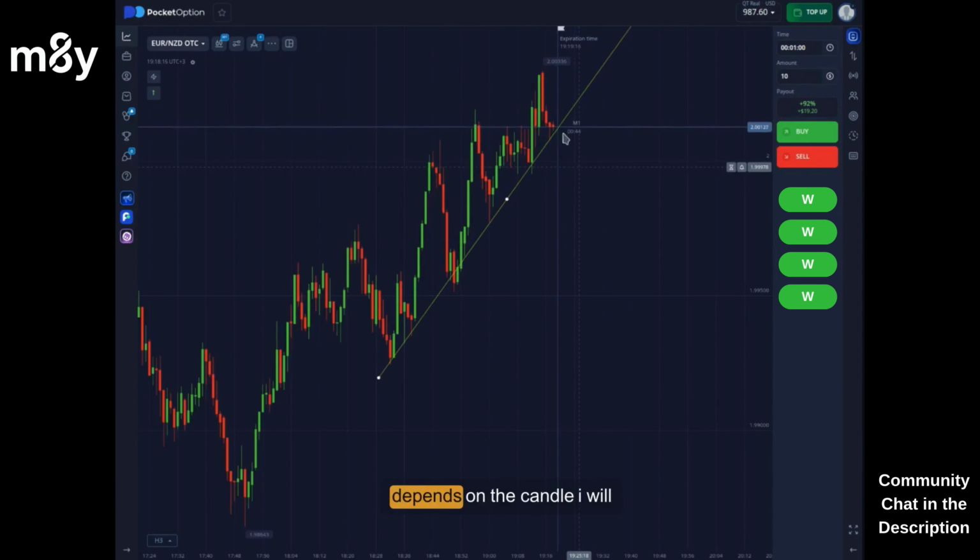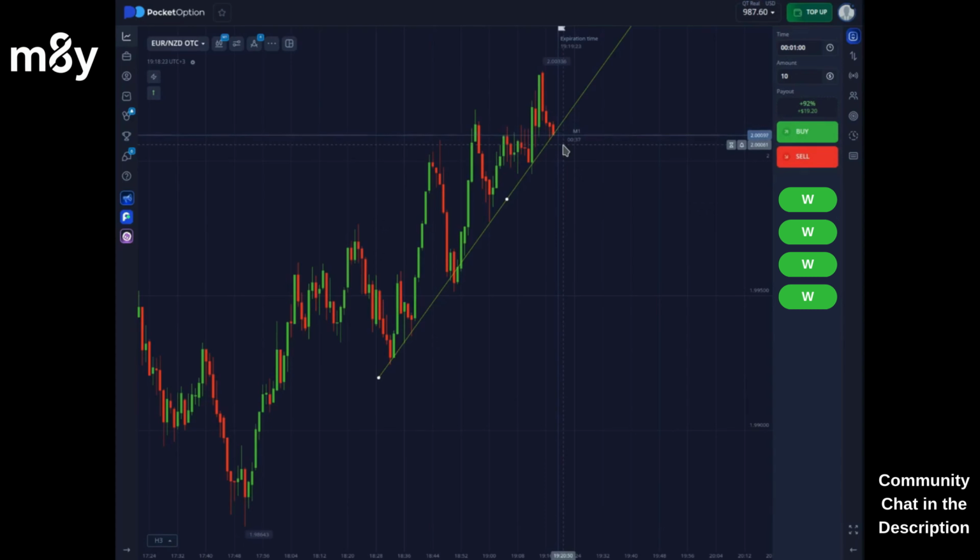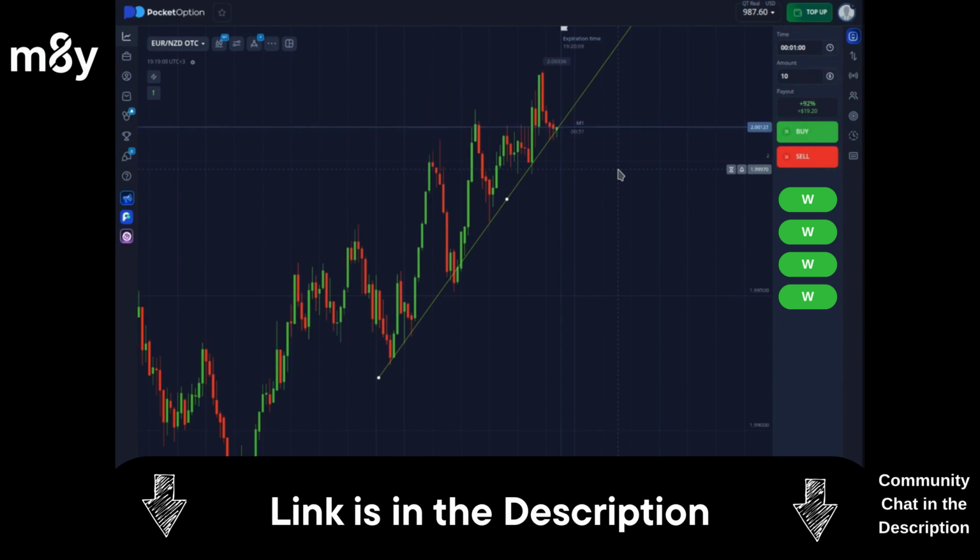So depends on the candle, I will make a one trade or a two trades. We are waiting for the green candle.